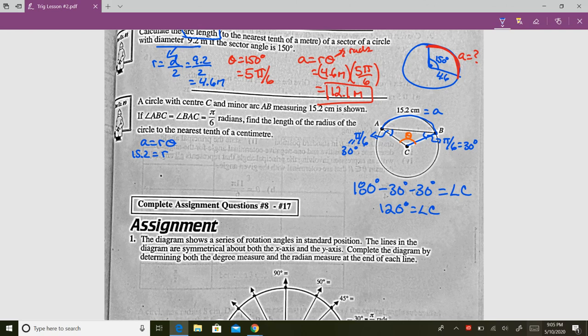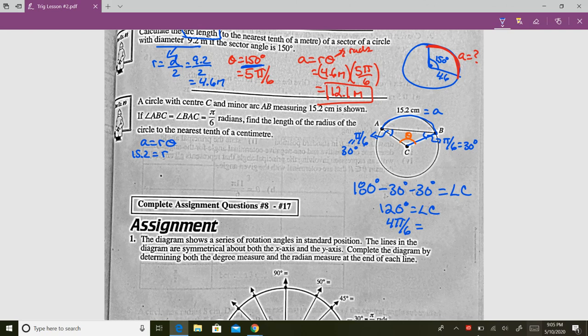But remember, theta has to be in rads. So 120 in rads, well, just like we did 150 as a multiple of 30 degrees: 5 30-degree angles give us 150. How many 30-degree angles give us 120? 4 pi over 6, right?